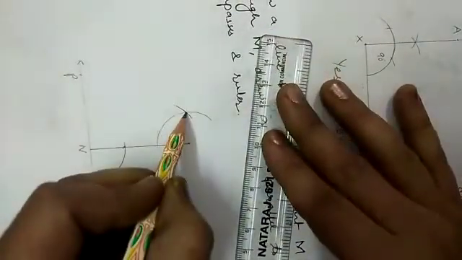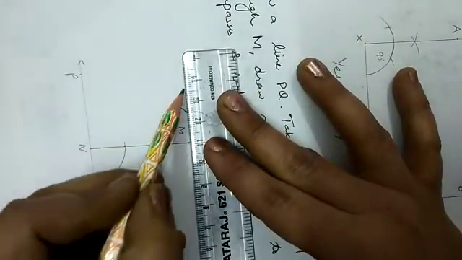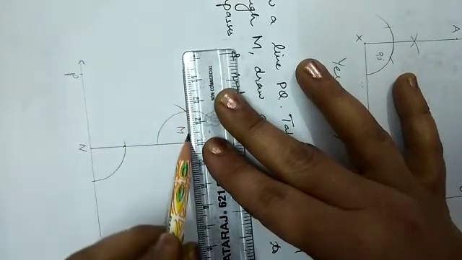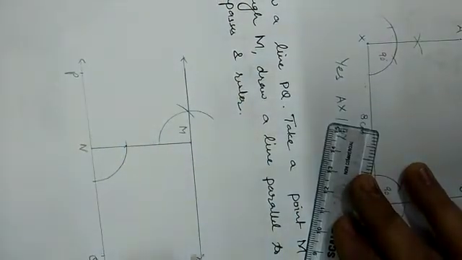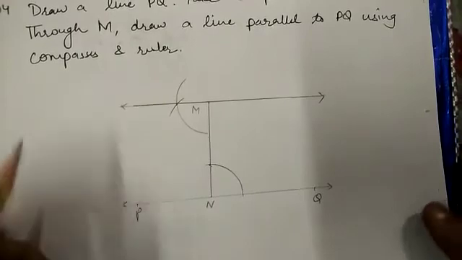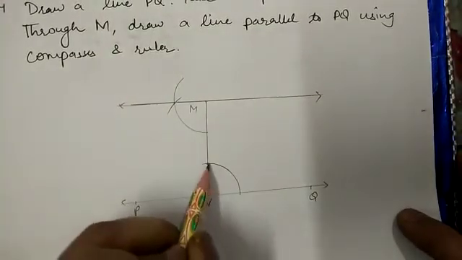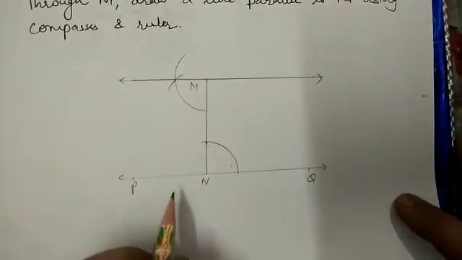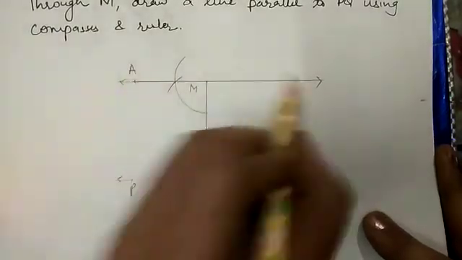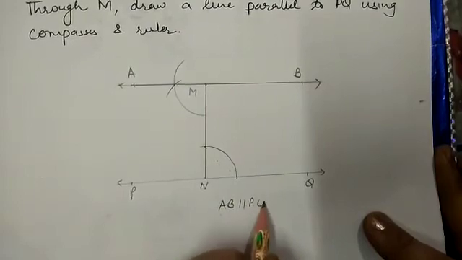Now I will join this point with this point, in this way. Now what we are going to observe, our lines are parallel, means I have drawn this angle equal to the measure of this angle. Now let us name this line as AB, and write here AB is parallel to PQ.